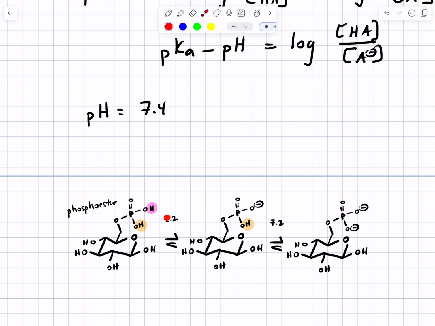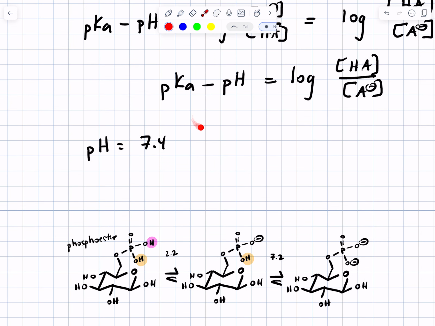Compare the pKa of 2 to the pH of 7. 2 minus 7 is a negative number or a positive number? Negative, good. We're all in agreement. Negative number. Okay. Now, property of logarithms. If this number is negative, what does that tell you about these two numbers? Which one's bigger than the other?